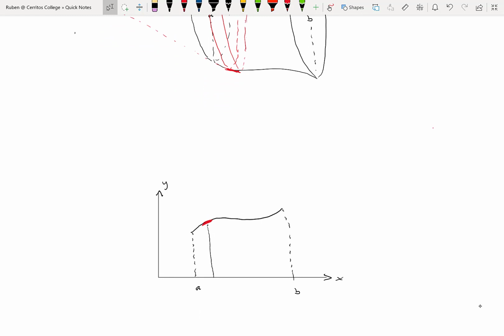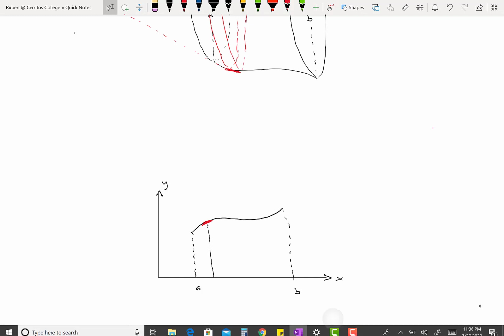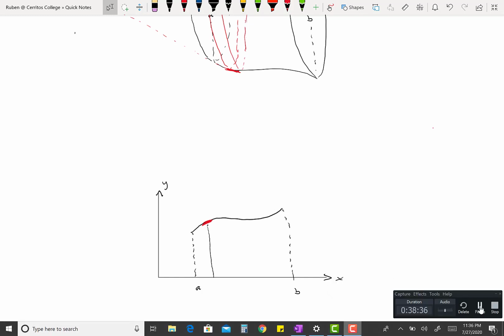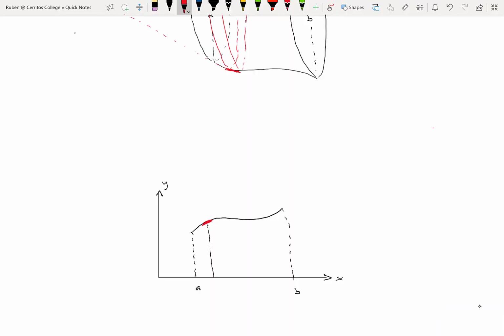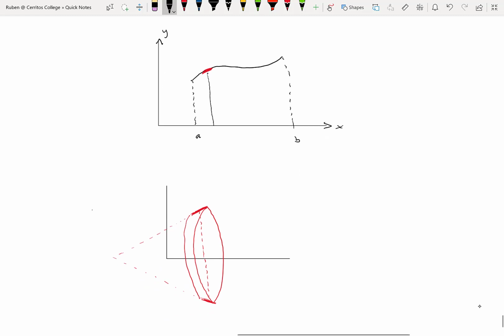Okay, so the idea is to imagine that one little ds revolved about the x-axis to generate a tiny little band of a cone or a portion of a cone. Now here's the amazing thing. If we take that little ds and spin it about the x-axis, we generate that little portion of a cone.